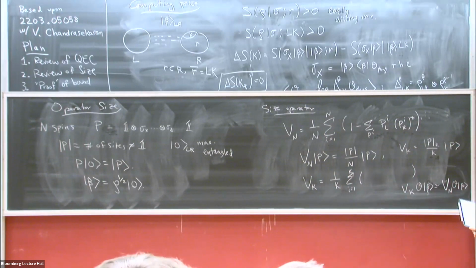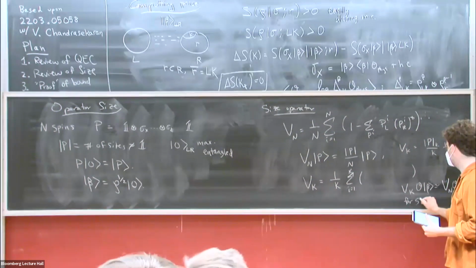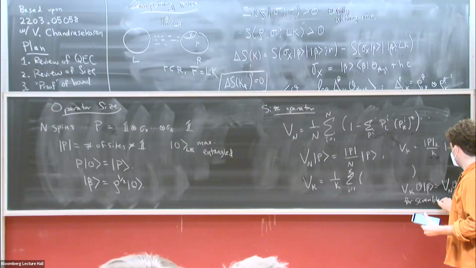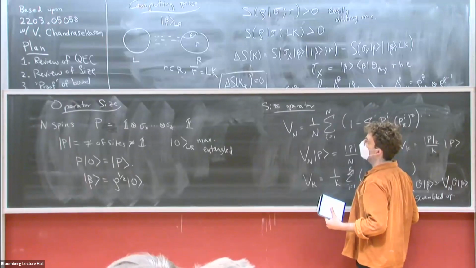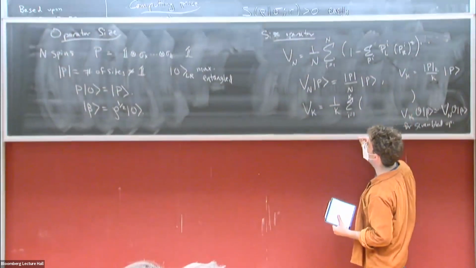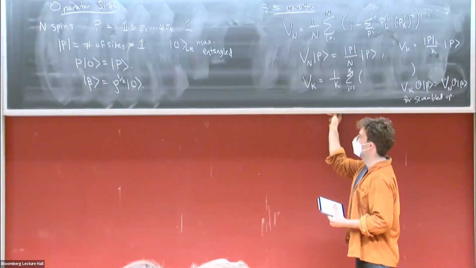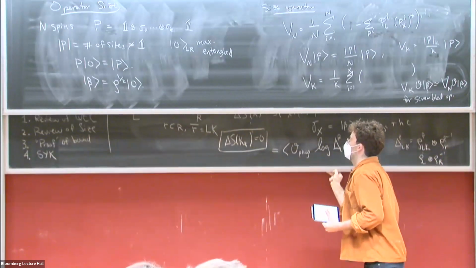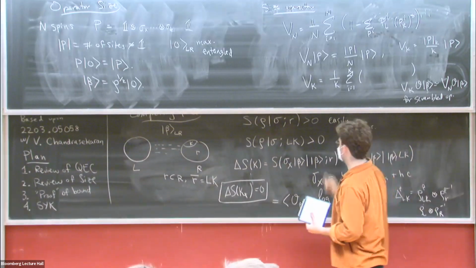Does that make sense? This is for a scrambled, or relatively scrambled, operator. So this means you can act with this K size operator and treat it as if you were acting with the full N size operator.